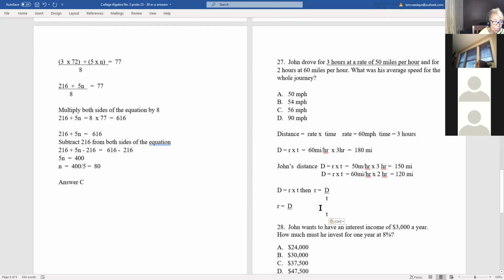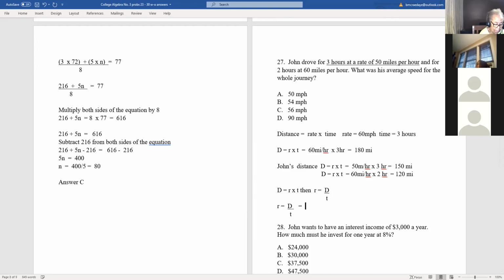So this is going to be, okay, let me bring this over. So your total distance, let's just put this here, equal. Okay. That's going to be the total distance.